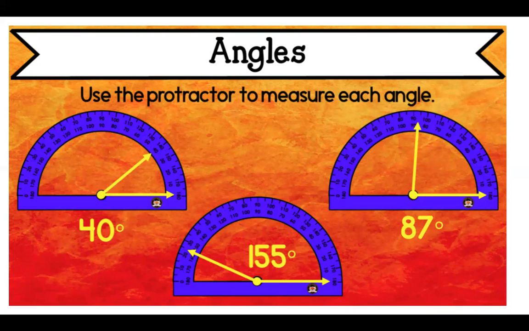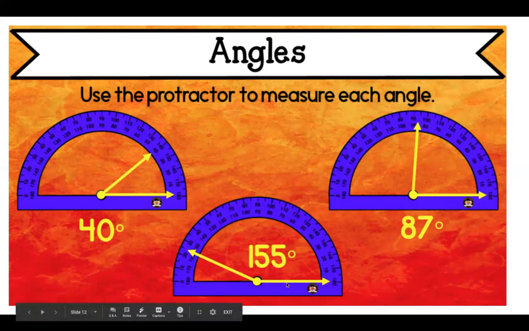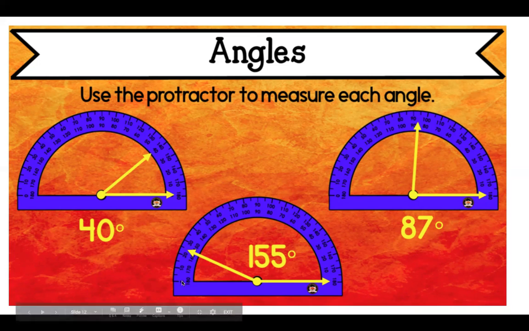So each of these angles shows, okay, this angle, we line it up at 0, and this would be 40 degrees. If we lined this angle up with the protractor, it would be 150. We would have to count all the way up to 150. See how it's almost a straight line there? It's a really obtuse angle.